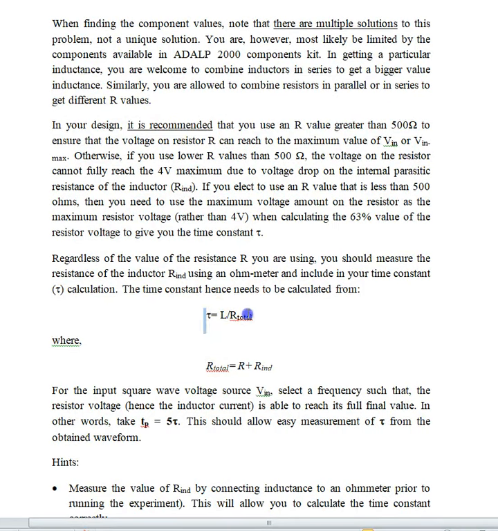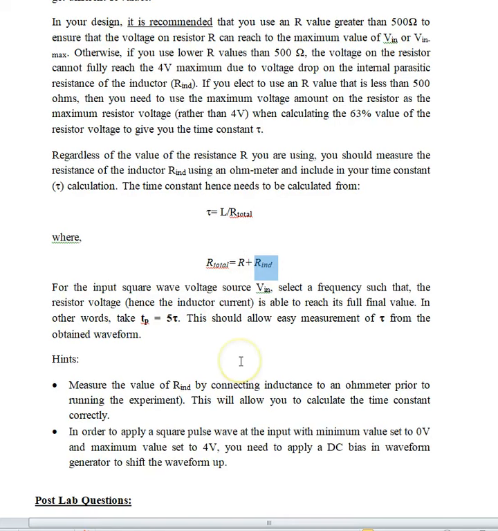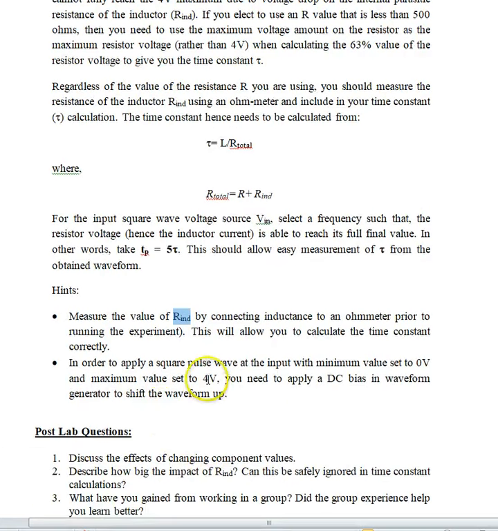And this one says the right way to calculate the time constant if you're considering the internal resistance. So you might want to measure the inductor's internal resistance with an ohmmeter so you can have a better theoretical calculation.